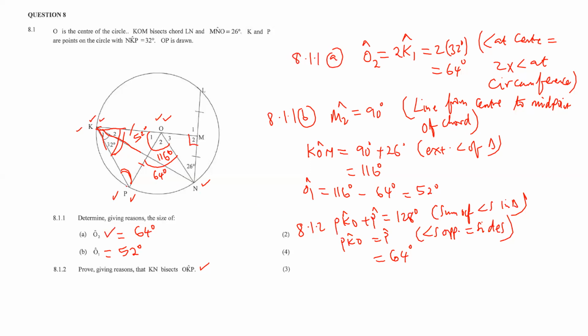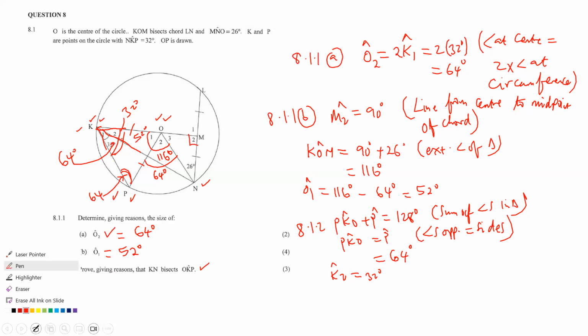But also this other angle here is 64 degrees, which means therefore K2 is equal to 32 degrees, because this angle here is also 32 degrees.